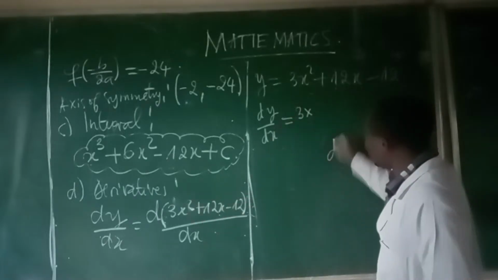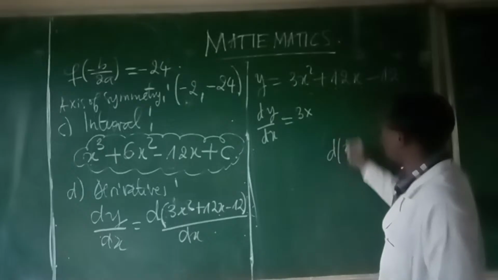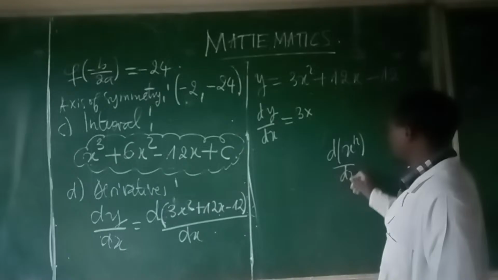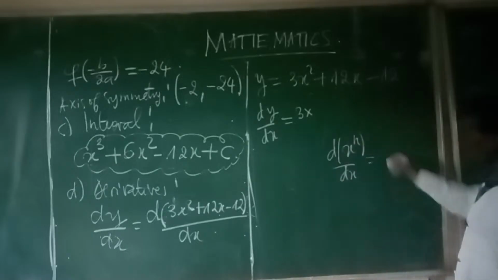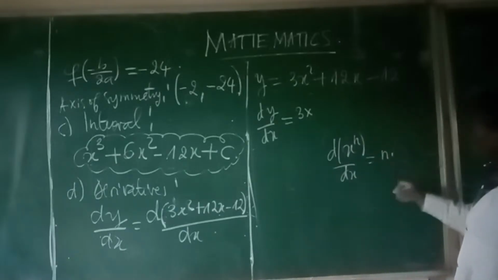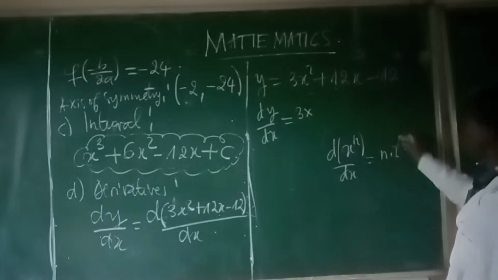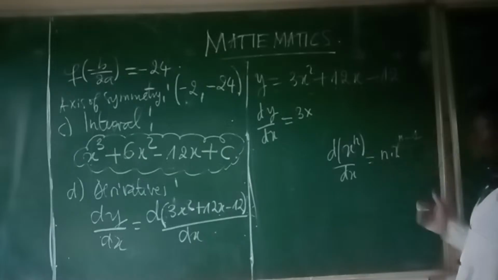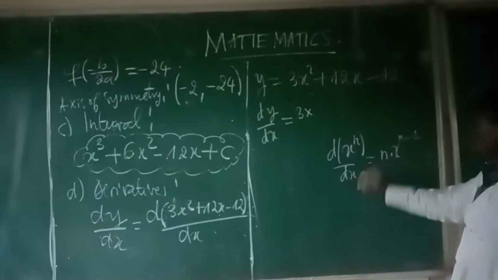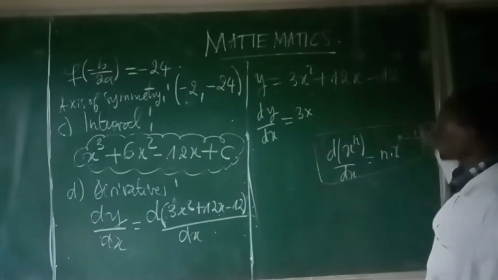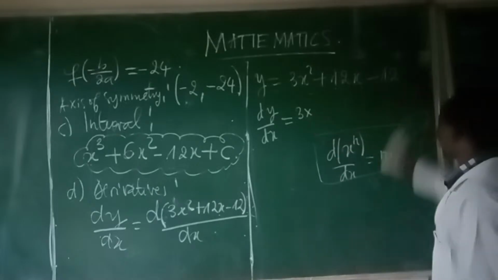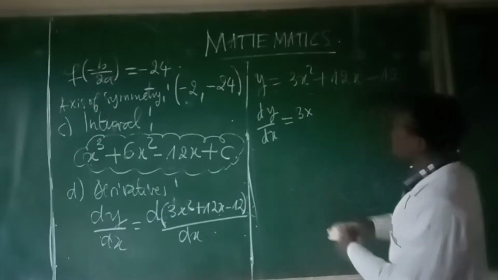When we make a derivative of x power n, it will be n times x power n minus 1. This is a general formula that we are going to apply on this equation. Are you together? So now let's continue.